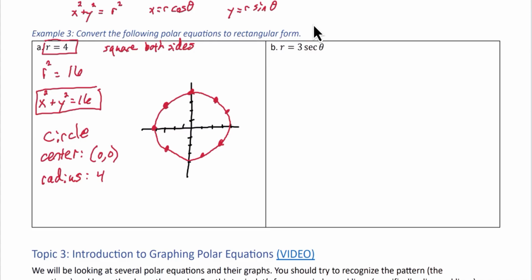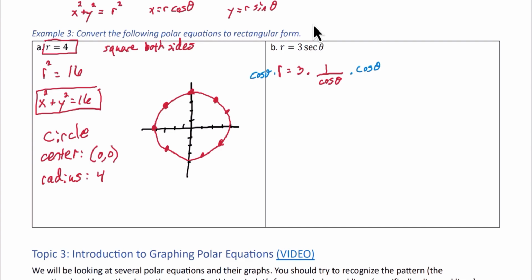If that's the case, let's see if we can simply rewrite the equation. R equals 3, and think about secant theta. Secant theta is 1 divided by cosine theta. And at this point, we still want to remove that cosine out of the denominator, so we can multiply by cosine theta on both sides.